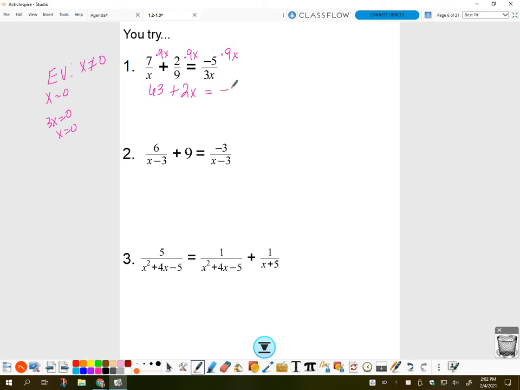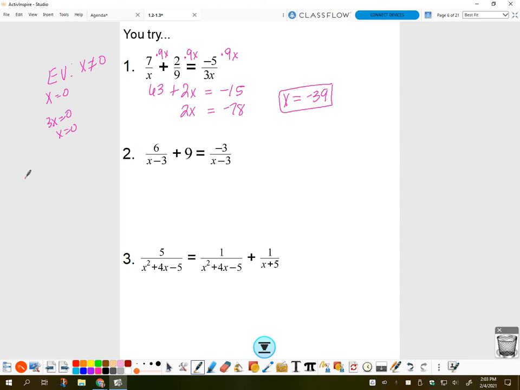So negative 5 times 3, negative 15. Subtract 63 from negative 15. We get negative 78. Divide by 2, and you get negative 39, which is definitely not your excluded value.